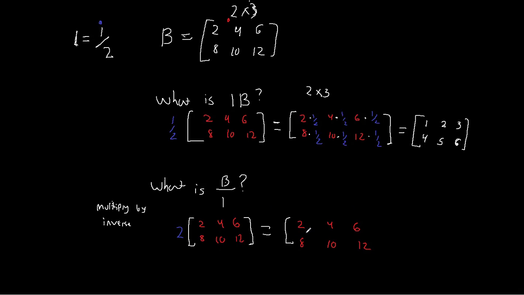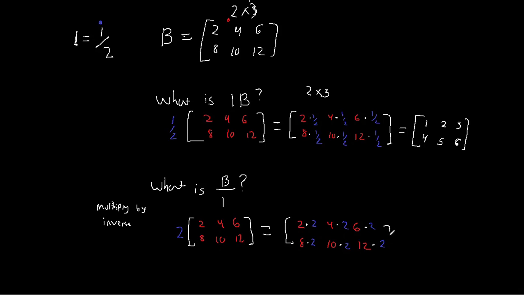Because we're doing multiplication, we carry over that sign there. And then we bring in our scalar, which is going to be 2, because again, dividing is the same as multiplying by the inverse. So we're going to bring in our 2, our 2, our 2, our 2, our 2, and our 2.